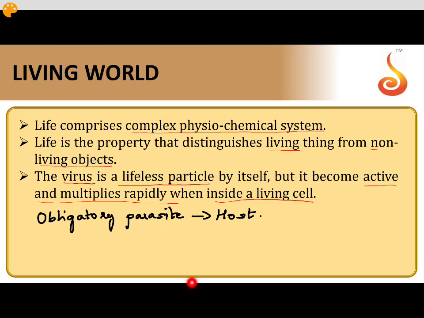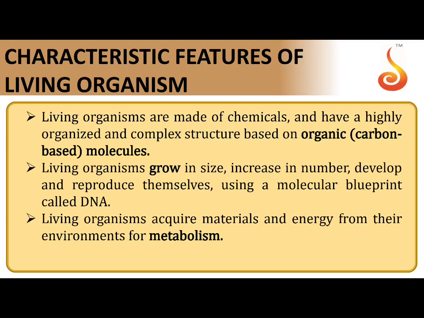Now, let's understand one by one all the general characteristic features. The first and foremost general characteristic feature we are going to come across is organic based component. What is present in organism?